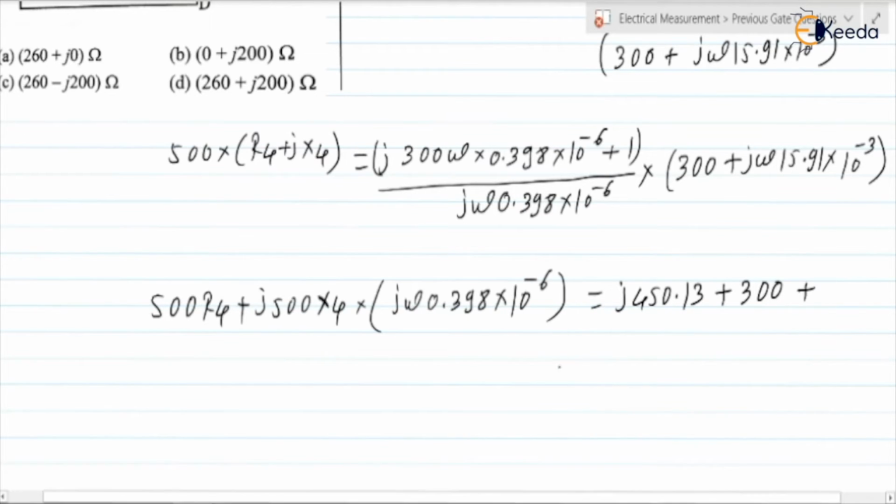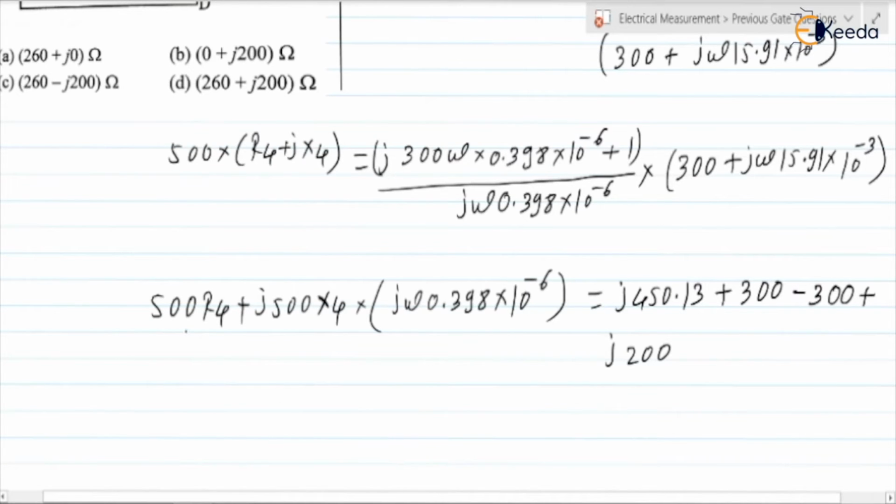So it is 299.98, so it is 300, but here it is a j and here it is a j, so it will become j square, and j square is minus 1. So this will be minus 300. Next, plus this 1 into this term, so it is j into omega, omega is 4000 pi, into 15.91 into 10 to the power minus 3, so it is 200.